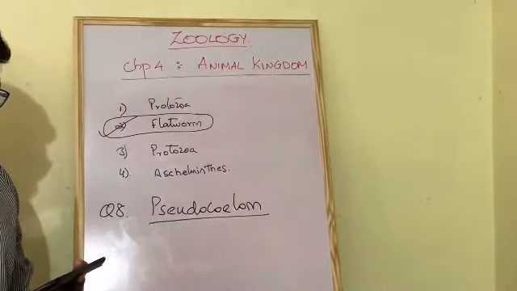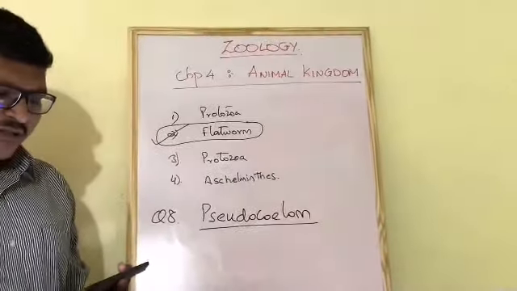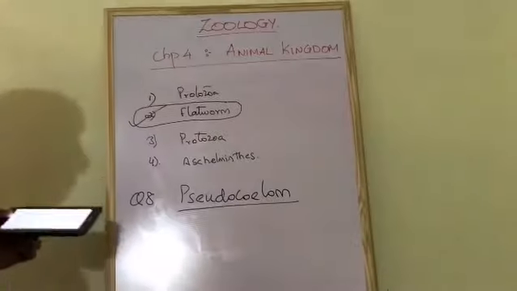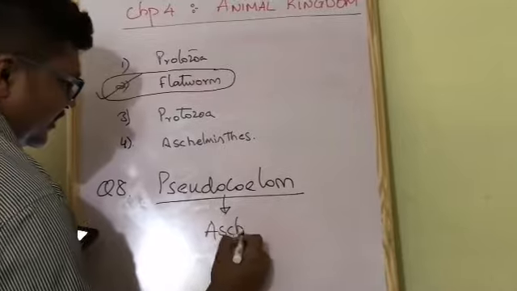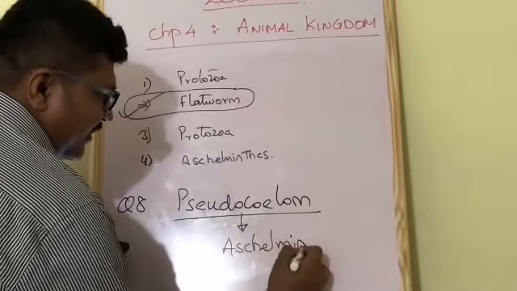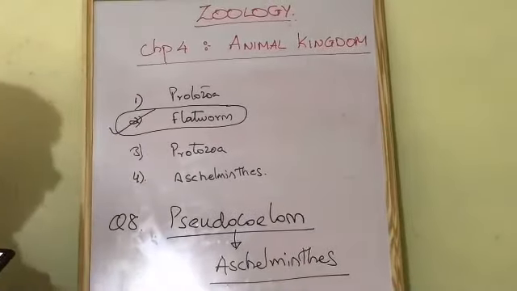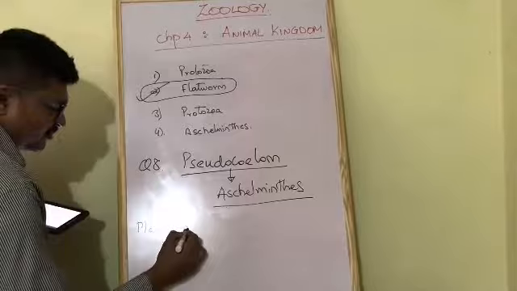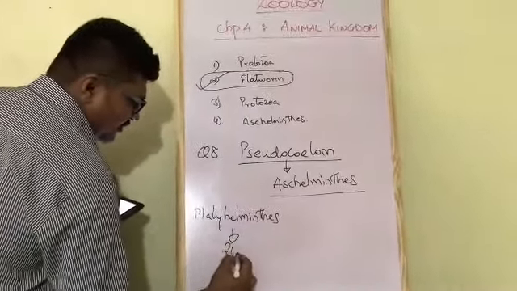Now out of these four options, which option contains both the animals which are not pseudocoelomate? Pseudocoelomate is the characteristic of phylum Aschelminthes. Before Aschelminthes is phylum Platyhelminthes. Platyhelminthes also contains worms, but these worms are called flatworms.